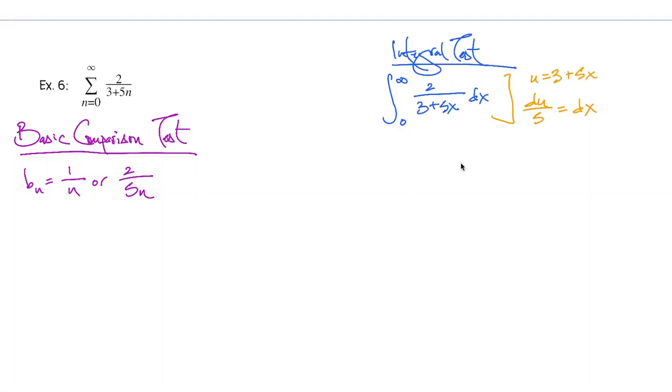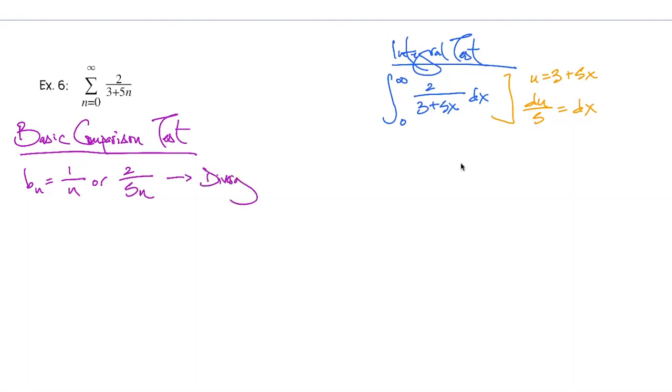Okay, so let's go to this basic comparison test. So if we choose either 1 over n or 2 over 5n, does our b sub n converge or diverge? Yeah, they're both going to diverge.